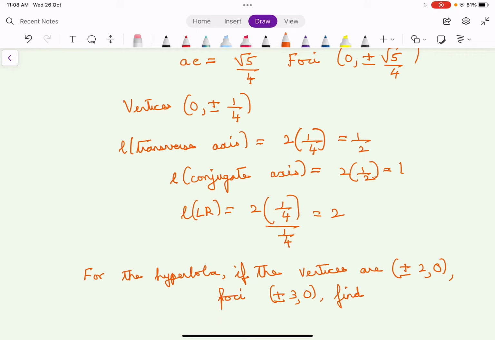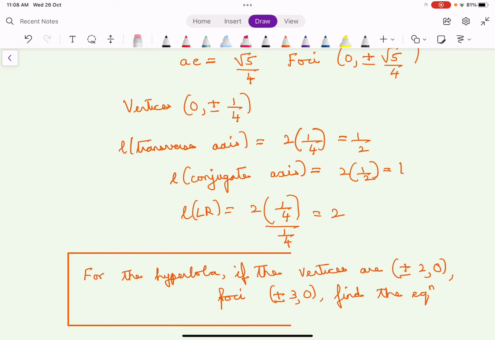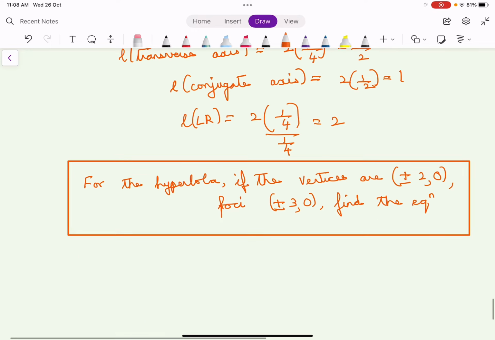So you're working backwards. Given all this, you have to find the equation. So again, it's of the first form. So a equal to 2 and AE equal to 3 here. So e will be 3 by 2.